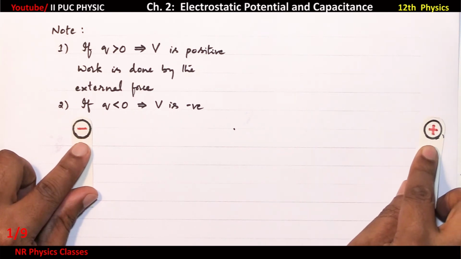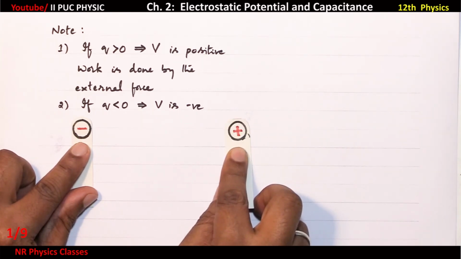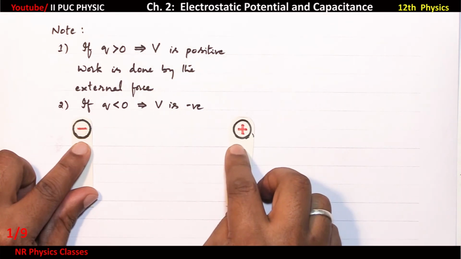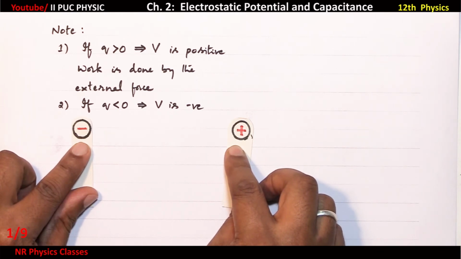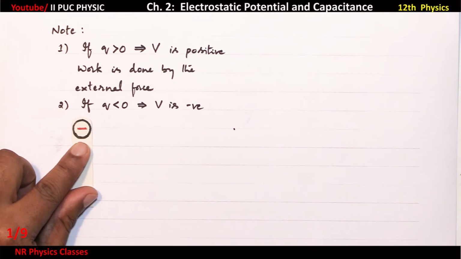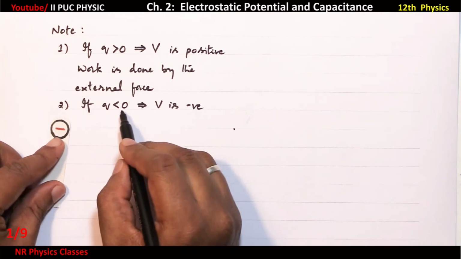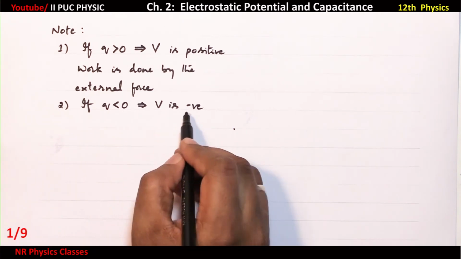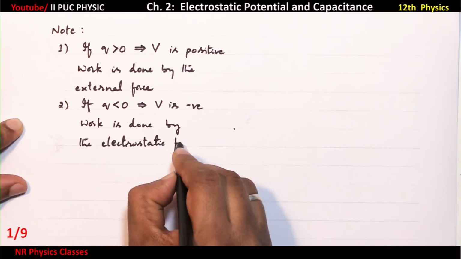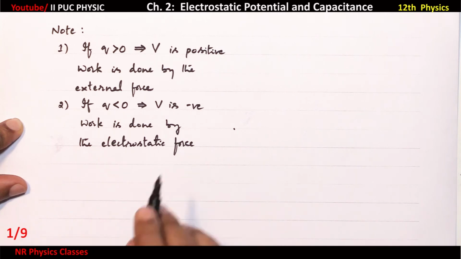Therefore, work is done by the electrostatic force. In the first case, work is done by the external force. In the second case, work is done by the electrostatic force. We are not doing any work. Remember, if q is less than 0, work is done by the electrostatic force.